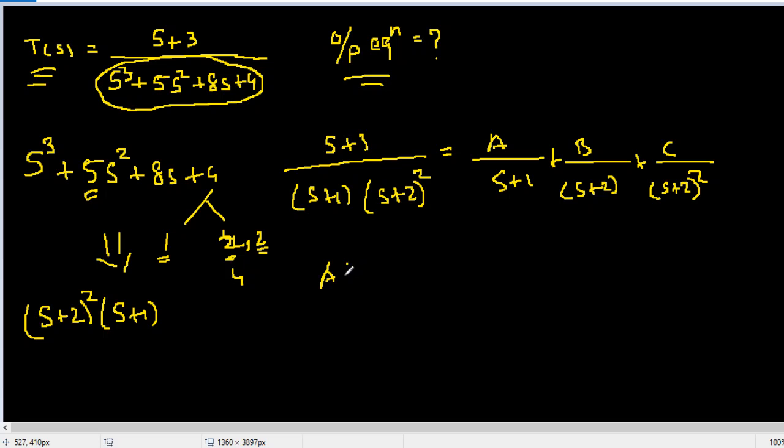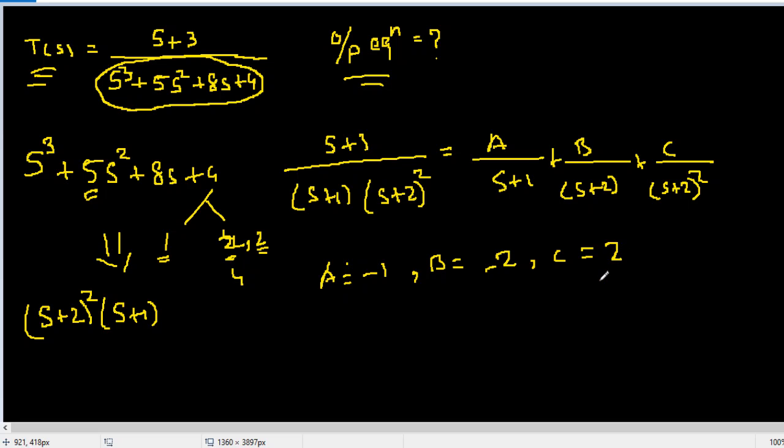Now when we solve this equation, we get the values of A, B and C. The solution we get after solving the equation is A equal to -1, B equal to -2, and C equal to 2.